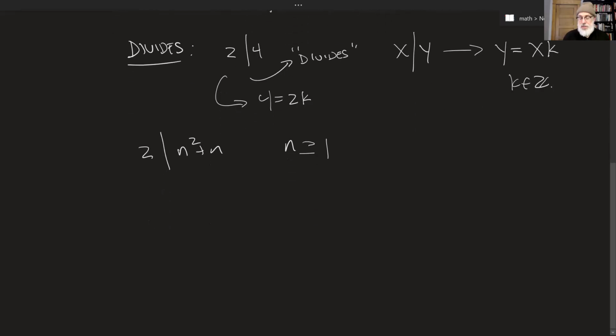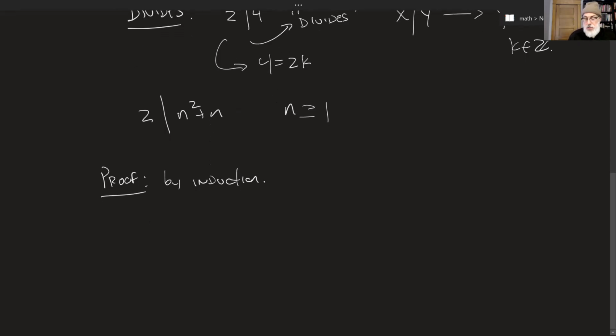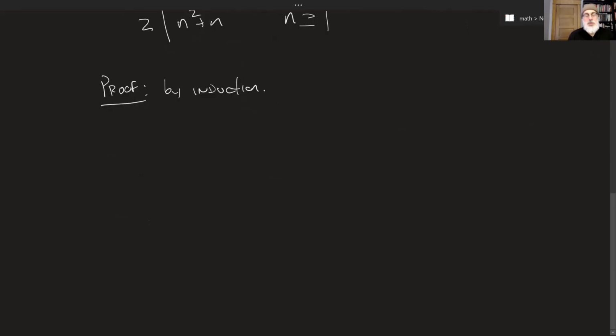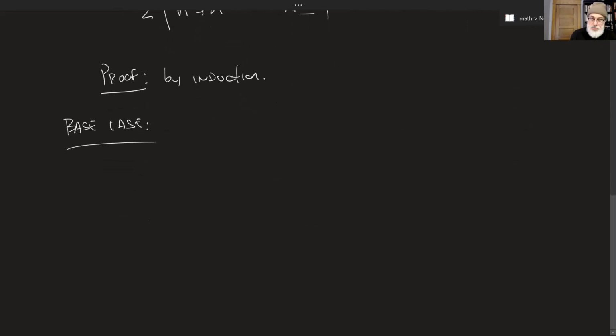So this proof will be by induction on n. And with any induction proof, we're going to start with a base case. Since we're assuming that n is a positive integer, we are looking at the P1 case, or n equals 1.